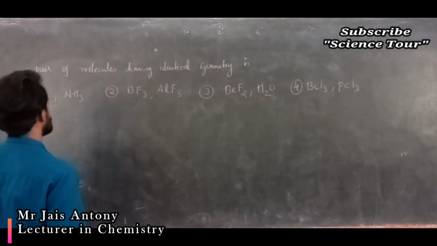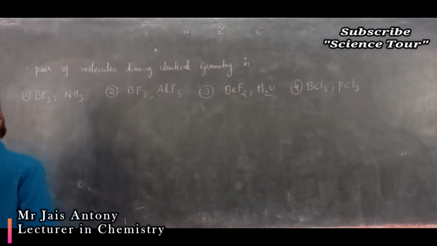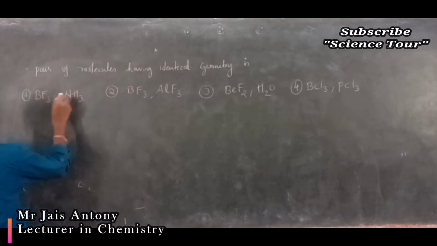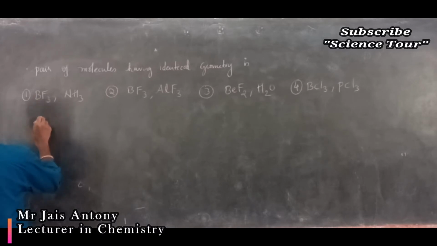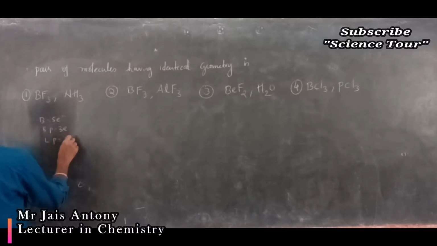So in this one, my dear students, first we will check with BF3 and NH3, my dear students. So for BF3, you have to find the number of bond pairs and lone pairs. Boron is 5 electron, my dear students, and bond pair is 3 electron, lone pair is 1 electron.